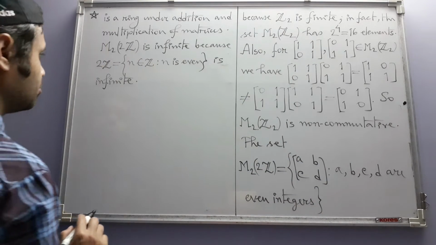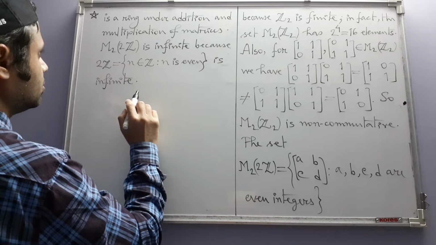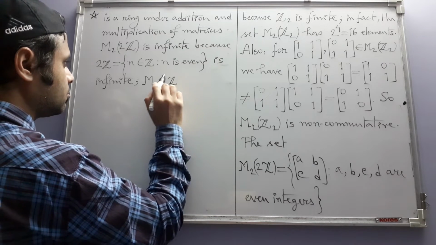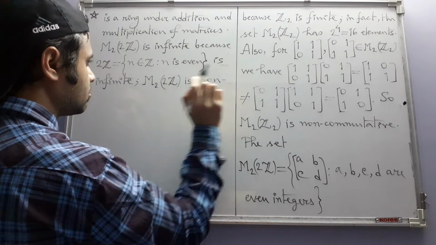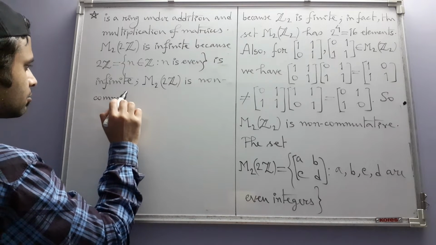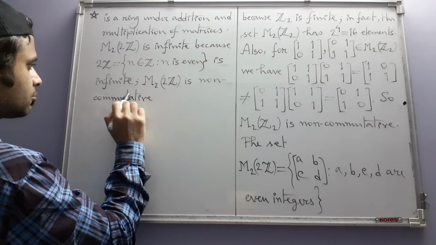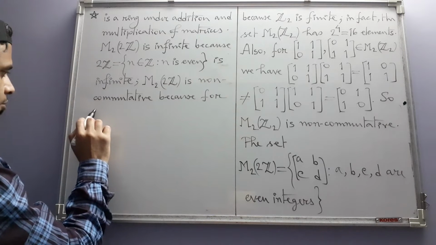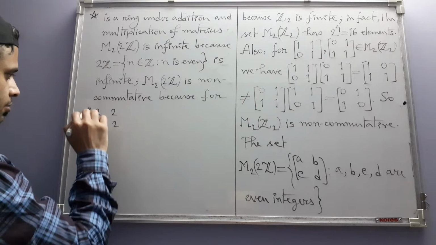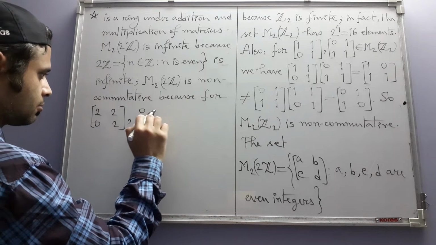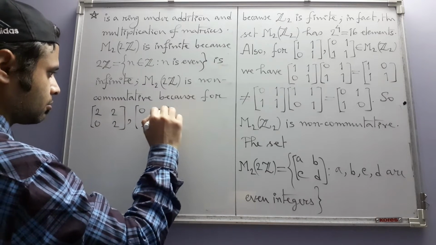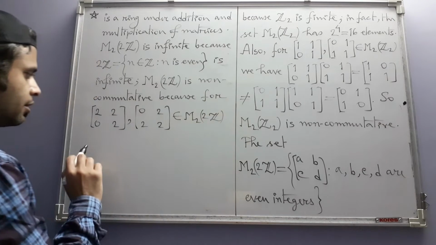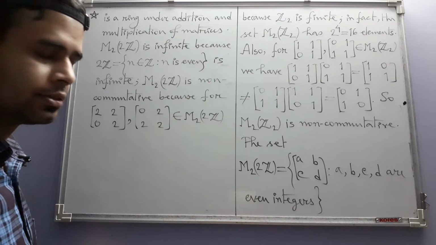Now it is non-commutative because for these matrices, we have to be careful to take even integer entries.